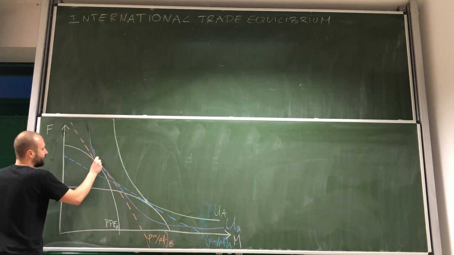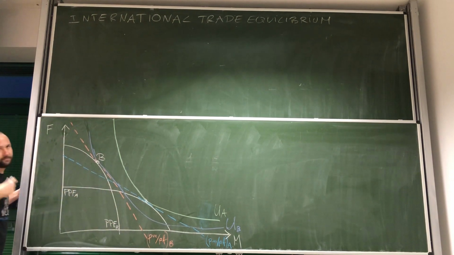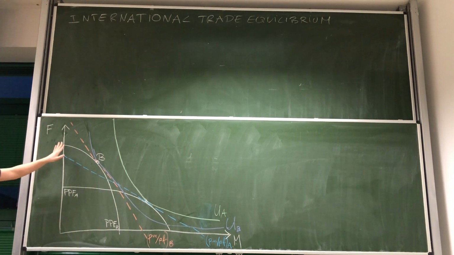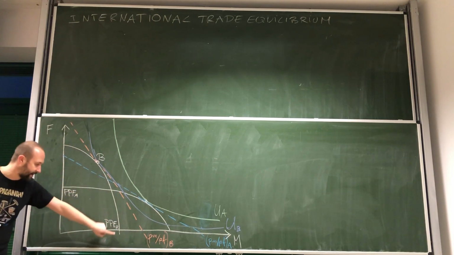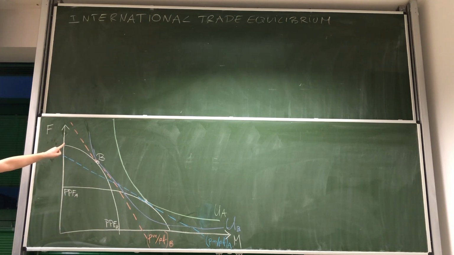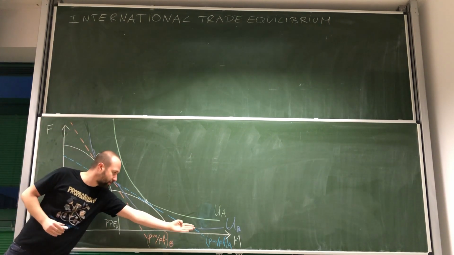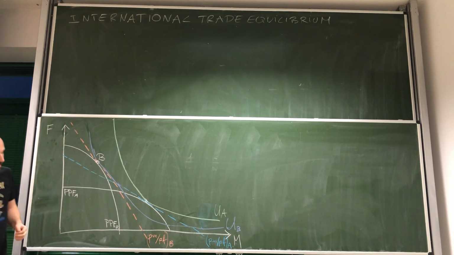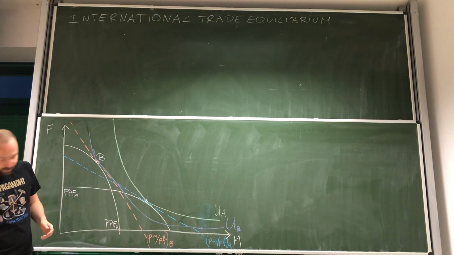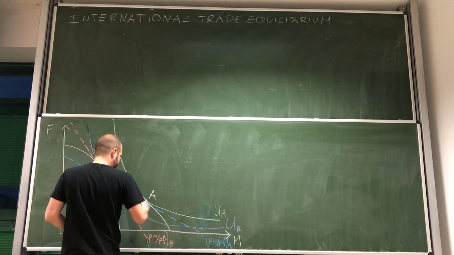Because look, this point B, like Bolivia, is on one hand the production point because it lies on the production possibility frontier, and is a consumption point because it lies on the indifference curve, right? And the same can be applied to Austria.